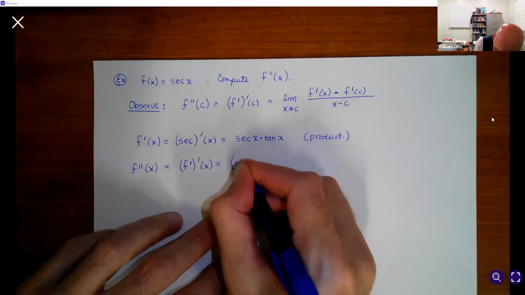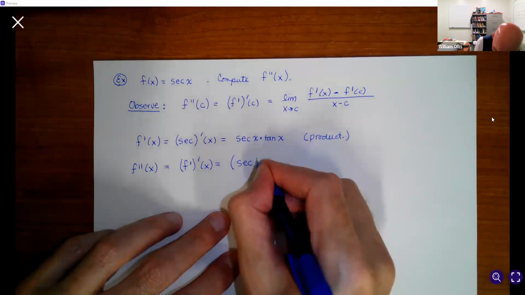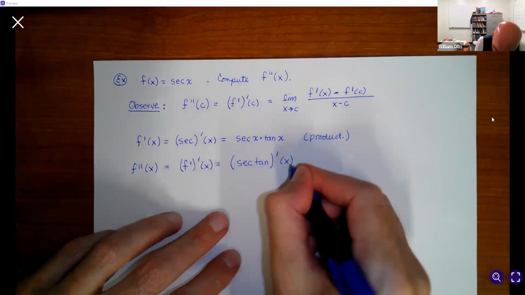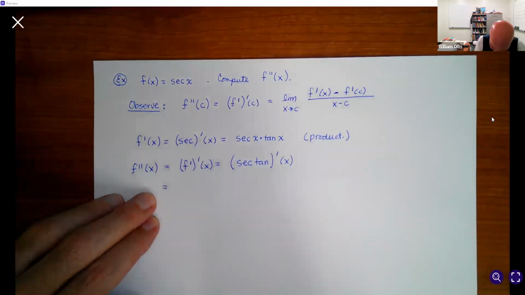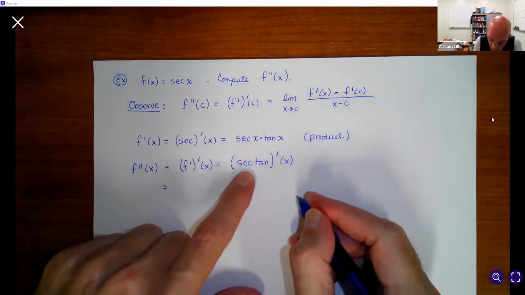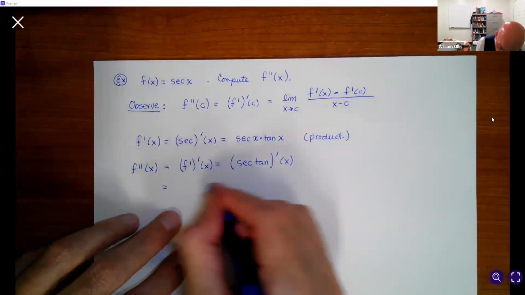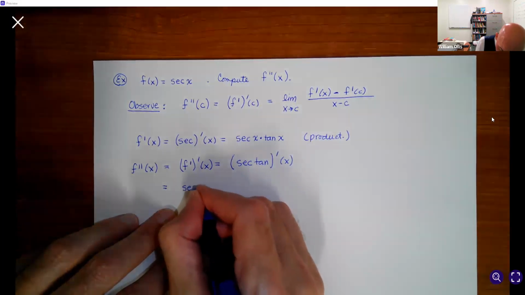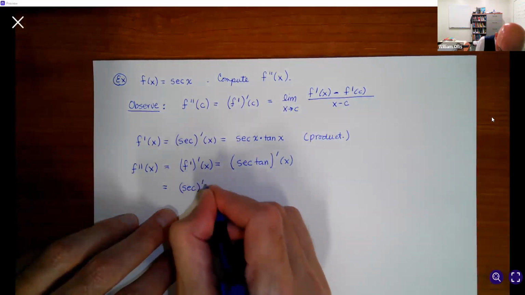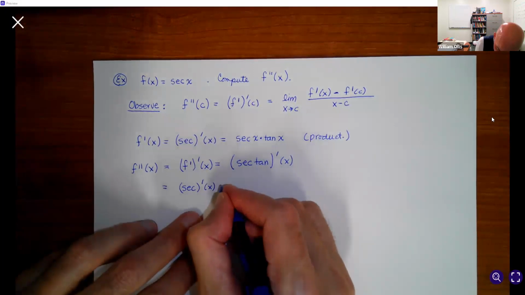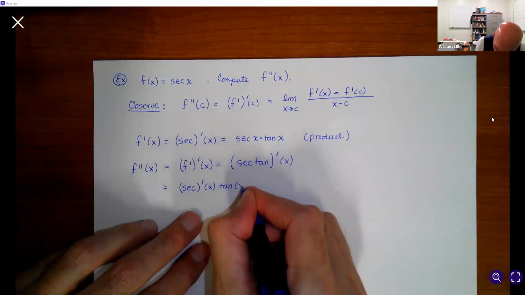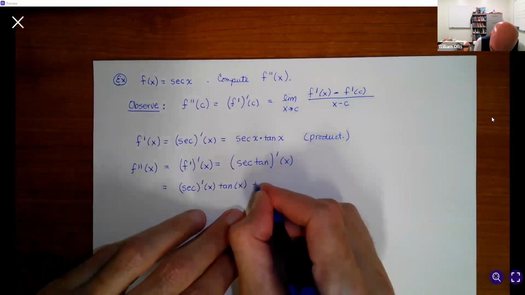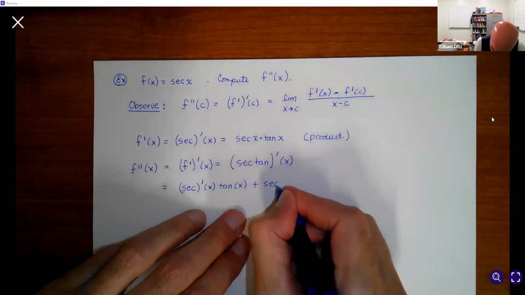So now we can just write this as secant tangent prime evaluated at x. So now we'll do the product rule. So of course, let's go ahead and write this out formally to give you some practice. So this will be the derivative of secant evaluated at x times tangent x. So I'll put in the parentheses here, do it formally, and then plus secant x.